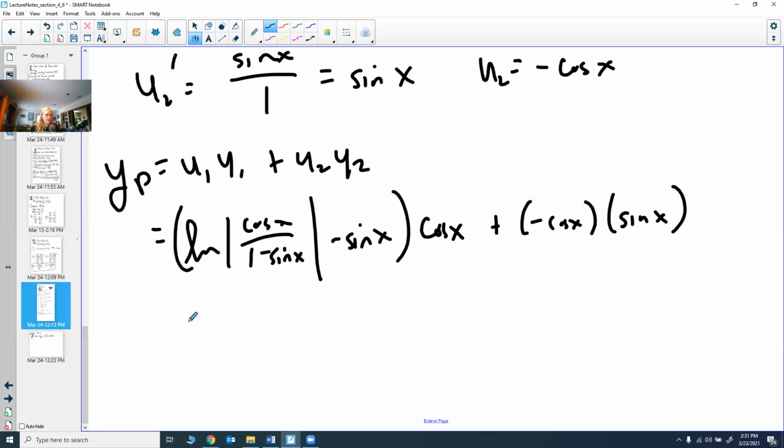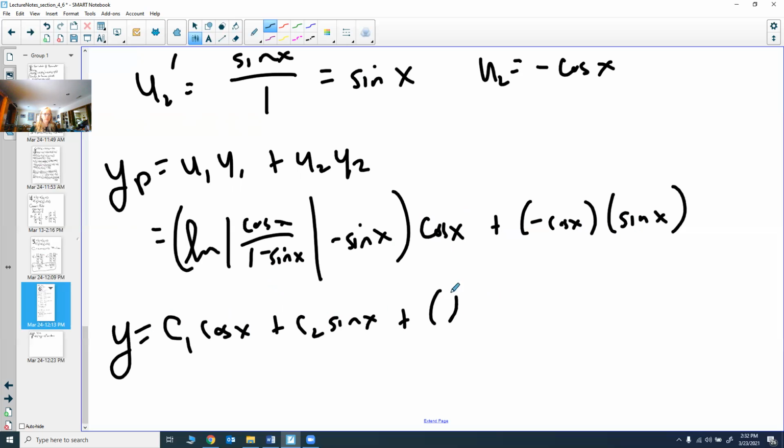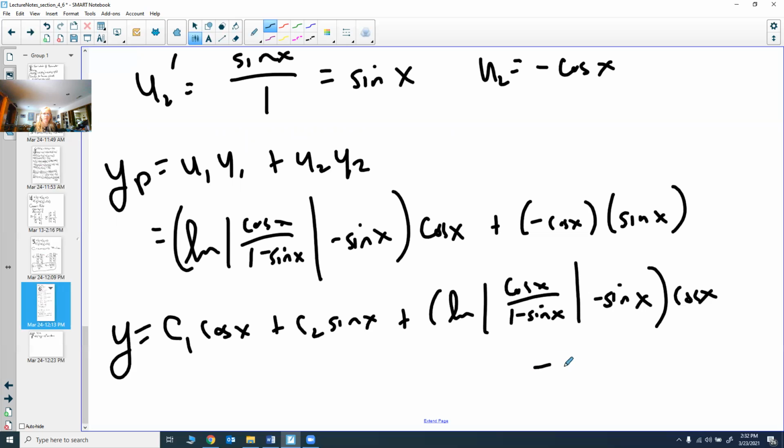So now we can get y. y is your particular solution plus your complementary solution. Your complementary solution, c1 cosine x plus c2 sine x, plus your particular solution, which was the natural log of the cosine x over 1 minus sine x, minus sine x, all times cosine x, minus cosine x times sine x.